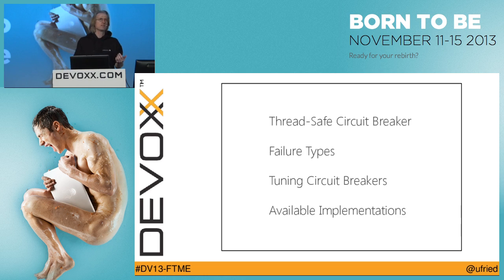For instance, you might encounter other kinds of error situations with some resource, like they immediately respond, but they don't give you anything. So you get a blank result, which is also some kind of failure that you might want to deal with. Then tuning circuit breakers is actually the same as with timeouts.